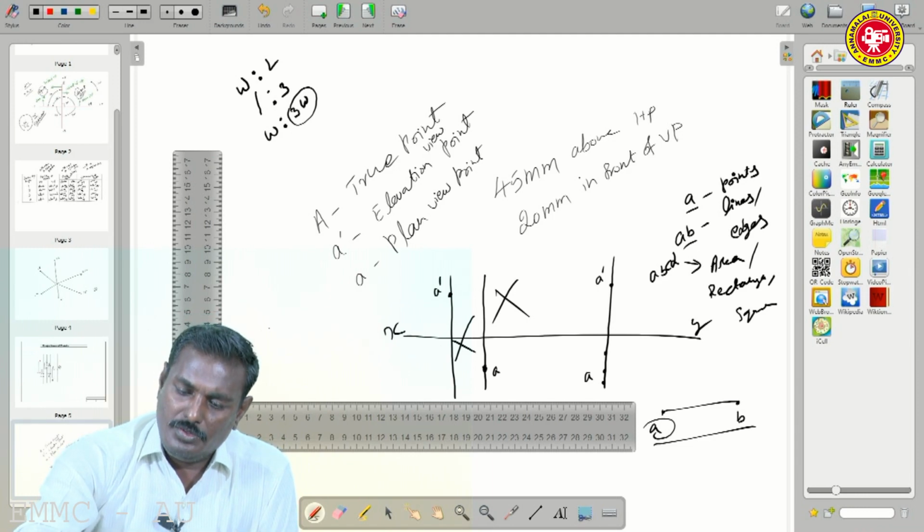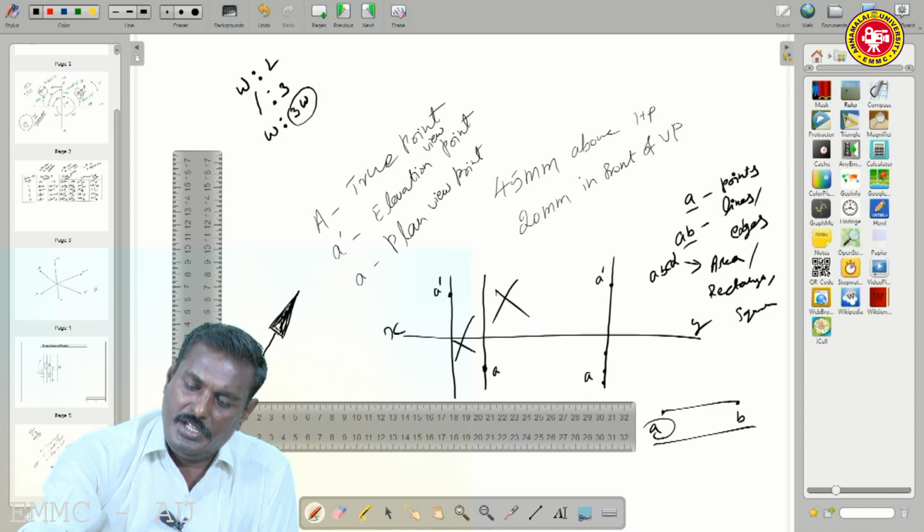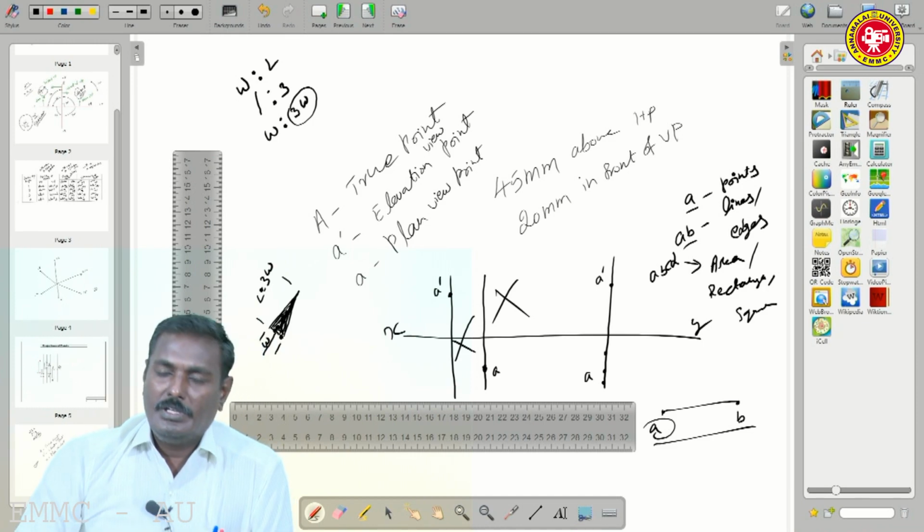So you have to extend the arrowhead like this. Then you have to fill this arrowhead by shading it fully inside. So the length of these arrowheads is 3 times the width. This is the width. That is the concept.